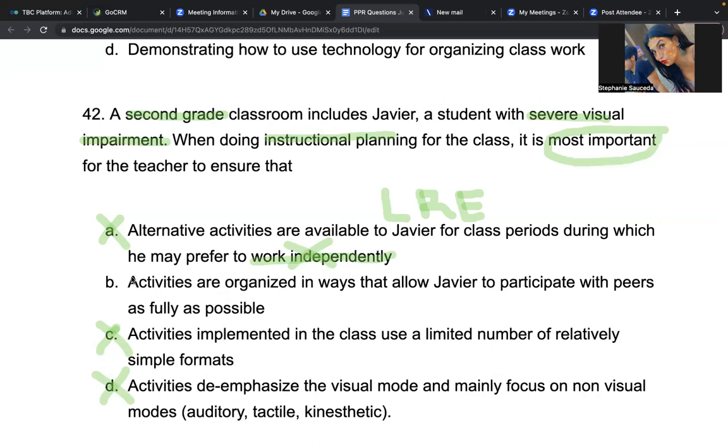Whether that be structurally with the classroom or the different lessons that are done, maybe doing choral speaking, or whatever it can be to include him as much as possible.